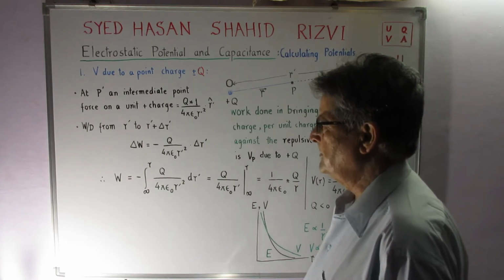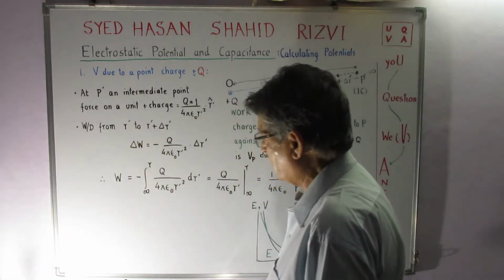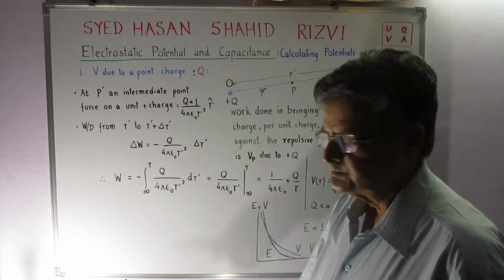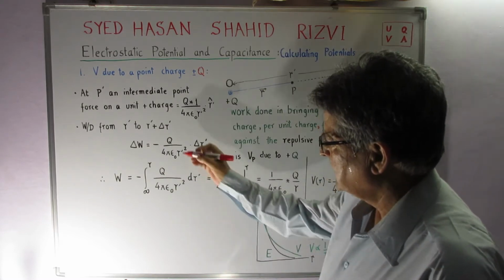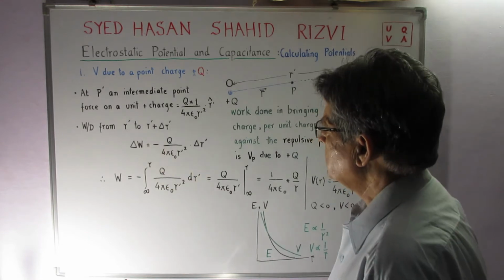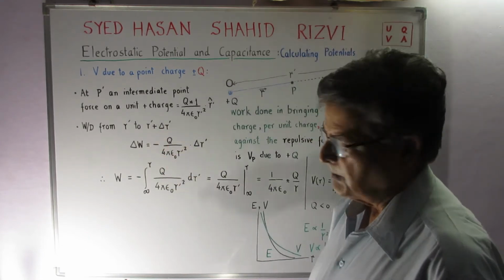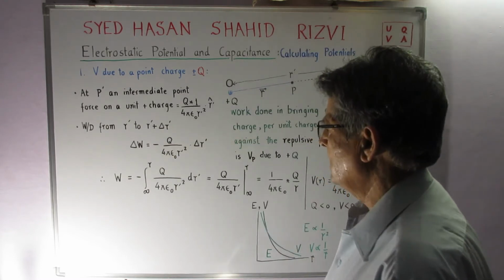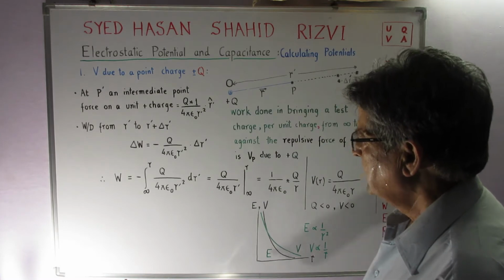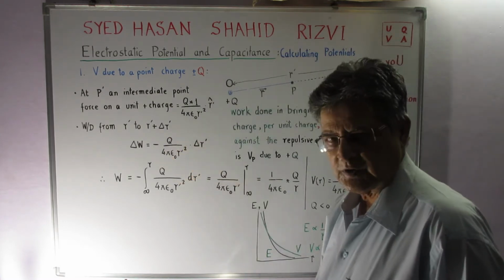You understand it. Therefore, the work done from R dash to R dash plus delta R dash, that delta W, we can write with the minus sign, this is important, because this delta R dash is taken as plus here, but in fact it is minus. And therefore, I can write the force into delta R dash.